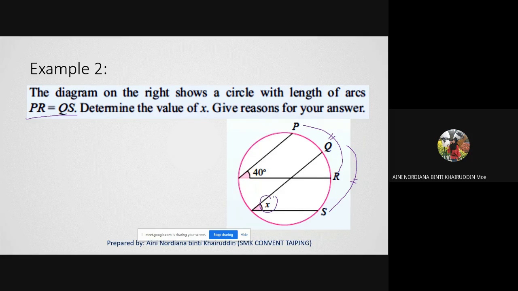Boleh tulis dekat chat juga. Yes, correct. Answer is 40. Why? Because both have same length of arc. So same arc means same angle.